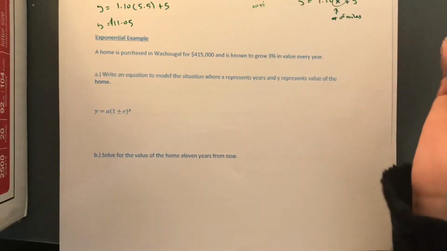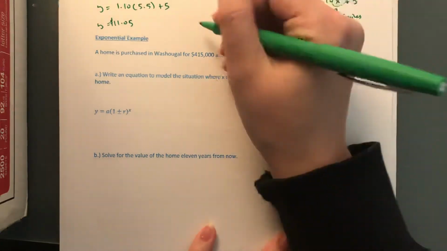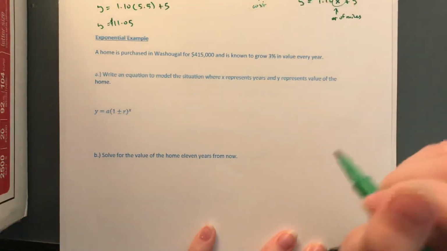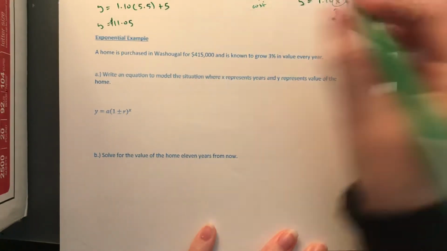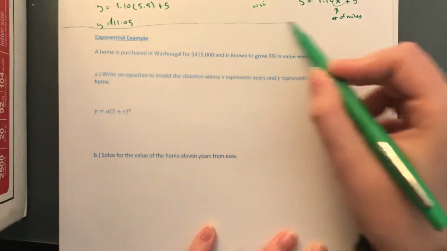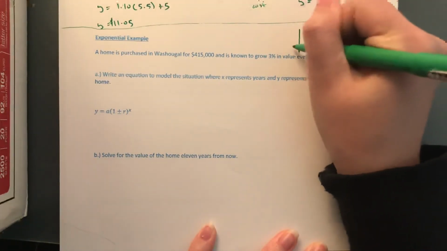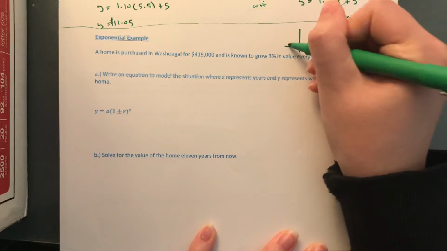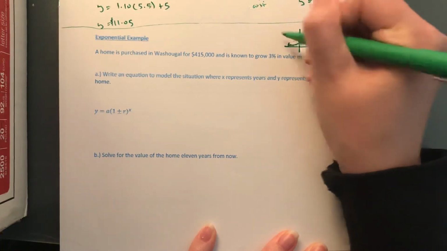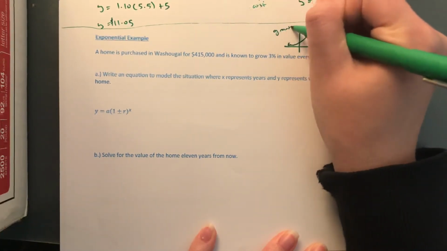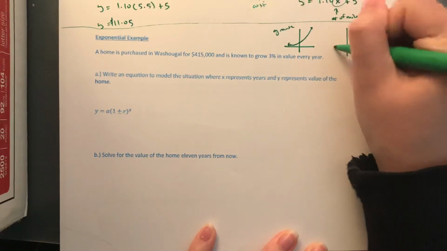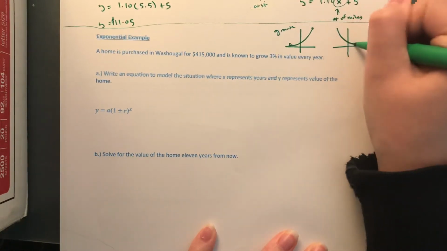So remember, exponentials are represented by growth or decay. I'm going to draw a line. We could have a function that starts near 0 and gets really big. So we've got growth. We've also got decay.